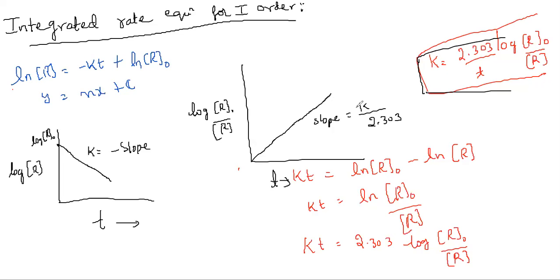So from the equation k is equal to 2.303 by t log of r naught by r, it is clear that the plot of log r naught by r against t is a straight line with the slope k by 2.303. So that is the slope which we are going to get.